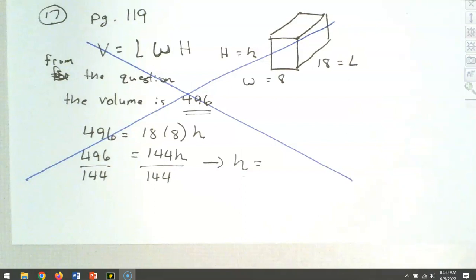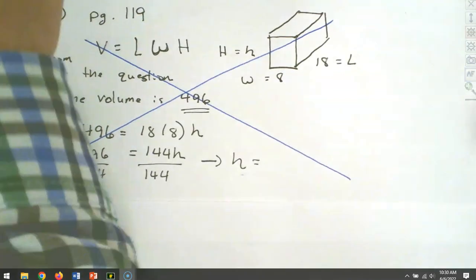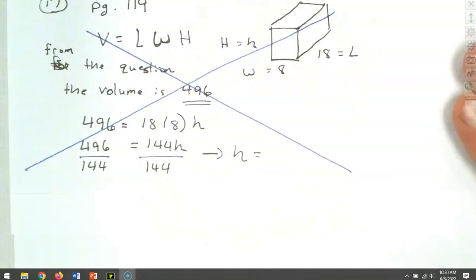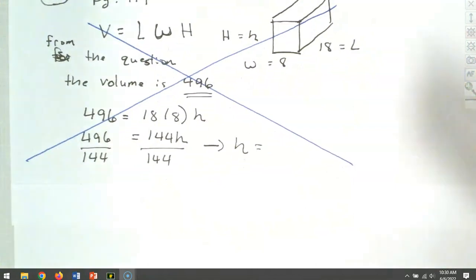So let's retry this and let's label things correctly. I should have been more careful when I labeled it to begin with. So now let's label it correctly. This is where it's very important that I label it. If I would have labeled it, I would have been fine.